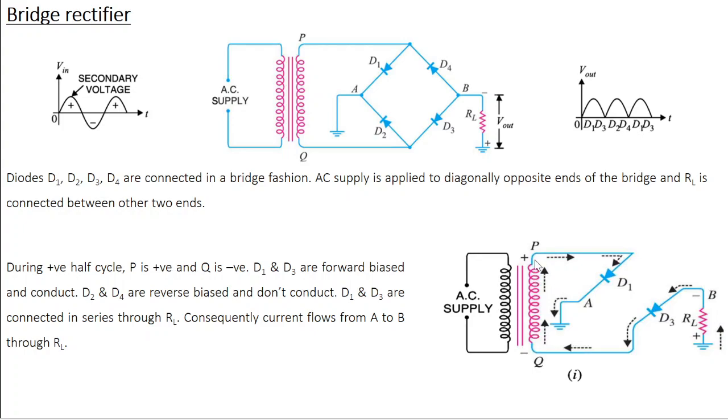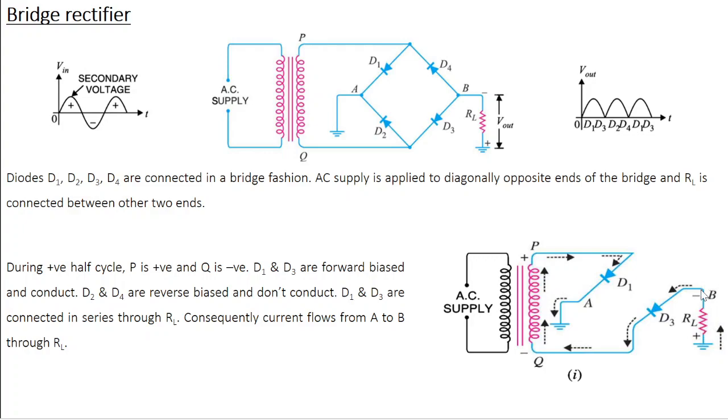So current starts from the positive terminal, D1 is conducting, so it will pass through D1, and since D2 and D4 are reverse biased, they do not conduct, so we don't have to bother about them, and it will come through point A to the ground. As I said, these two ground points are common, so the current will emerge from this point.